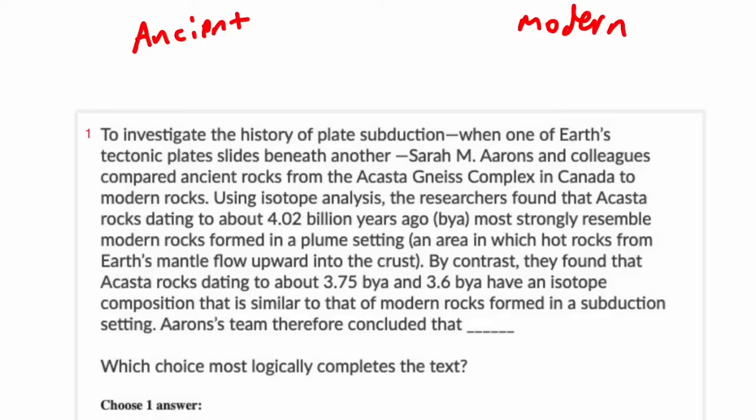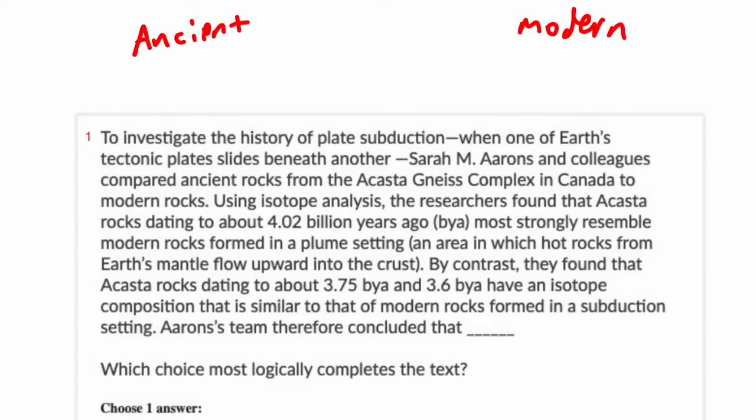And this is supposed to be a medium question. It doesn't seem so medium. It seems a little challenging here, but what do we have again? Okay, so I think the distinction between ancient and modern is not quite going to get us there.